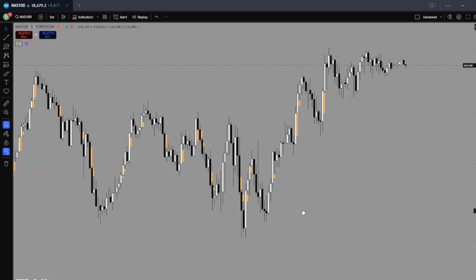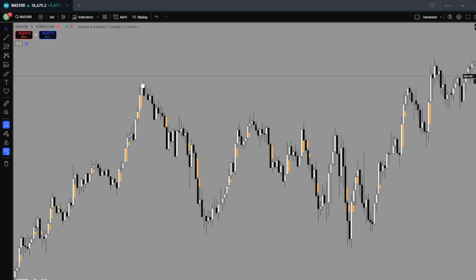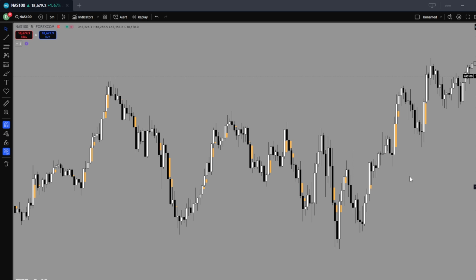From here to here, this is the swing high, this is the swing low, this is also the swing high, and this is the swing low. So right now there are no annotations on the chart, it is naked. You can just pause the video and look at what you are seeing, with what I have already taught you in episode 2.